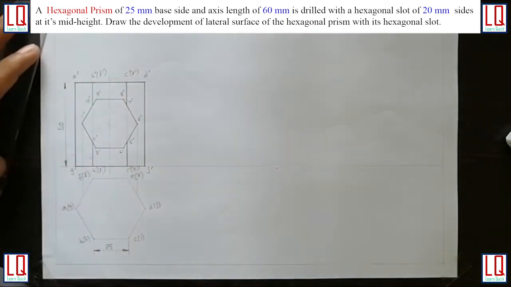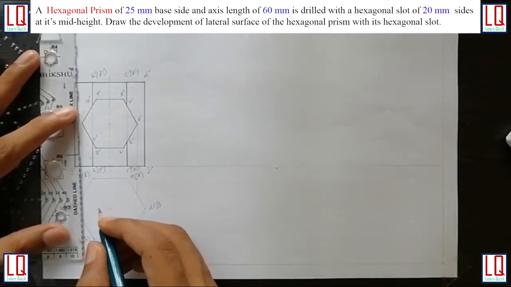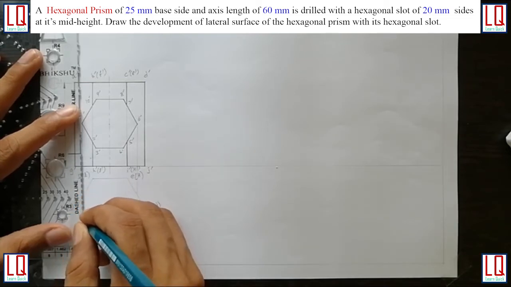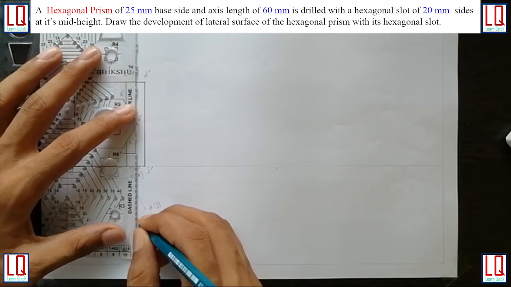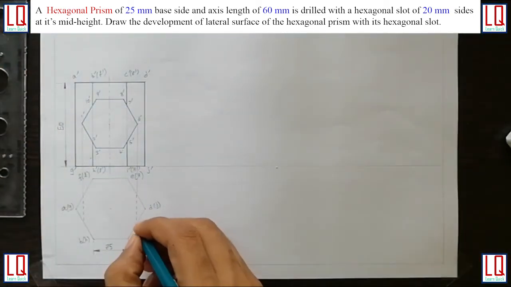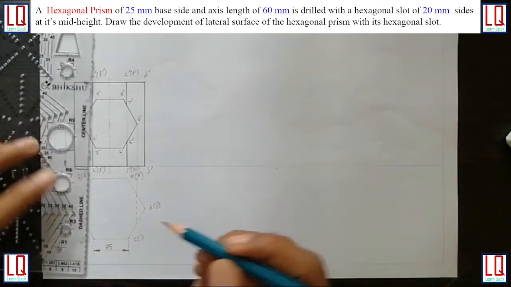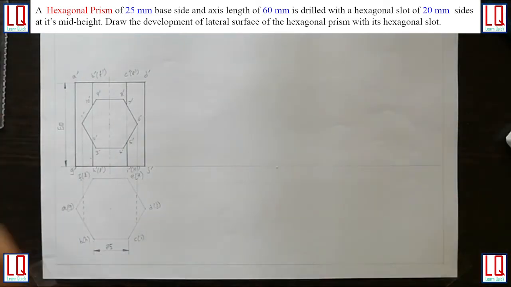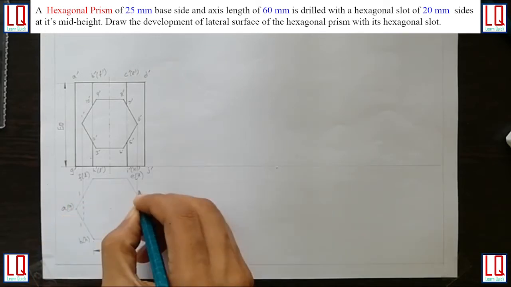Here I used hidden lines, because after making the slot, from the top view you can see only the hidden lines; we cannot see the missing material. We will mark this point as 1, and this is 6.